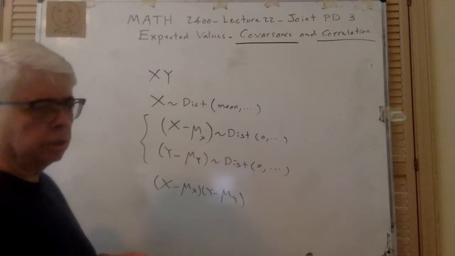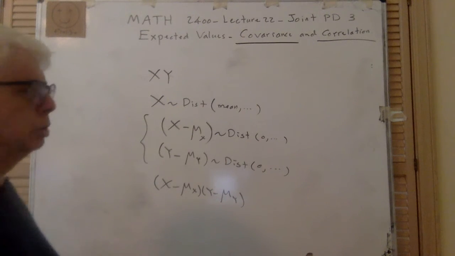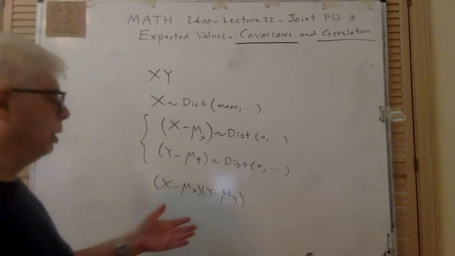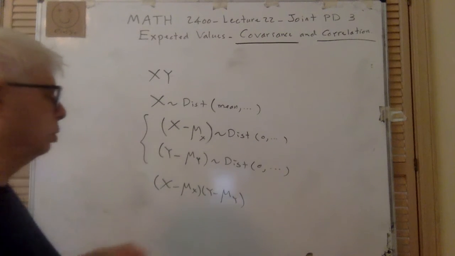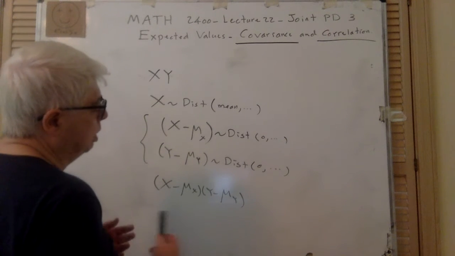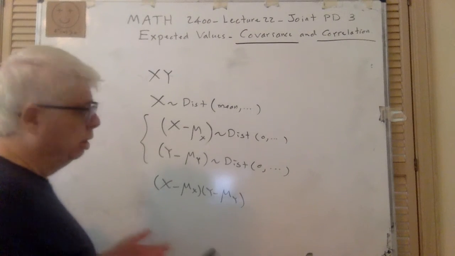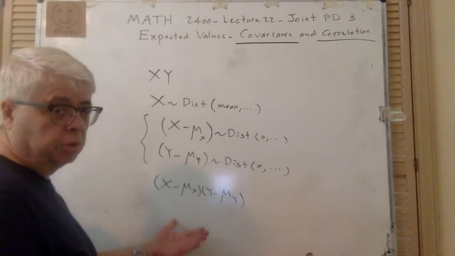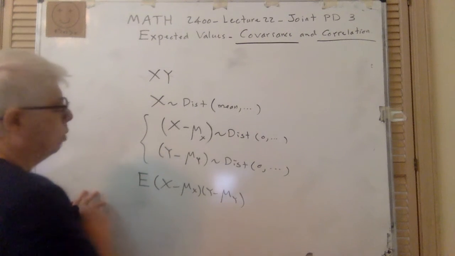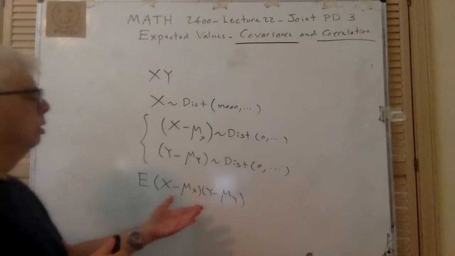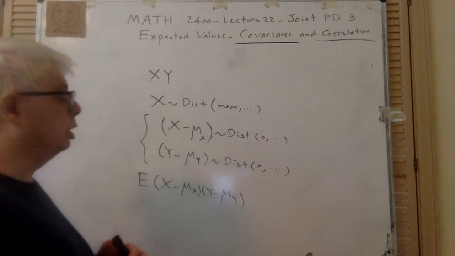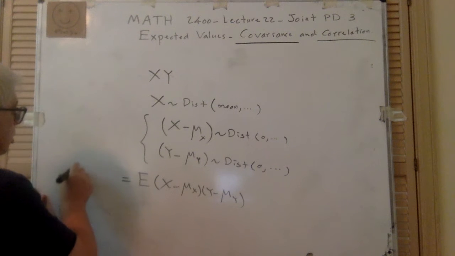Then, if this gives you some kind of distribution, I'm not saying that we studied the distribution of X times Y, that's not easy, but let's say somehow we have computed the distribution. Then when we have some distribution, the first thing that we usually find is the expected value, or the average, of this thing. We want to see the average of this interaction. So the expected value of this new variable, which models the interaction between these two random variables, is called covariance.